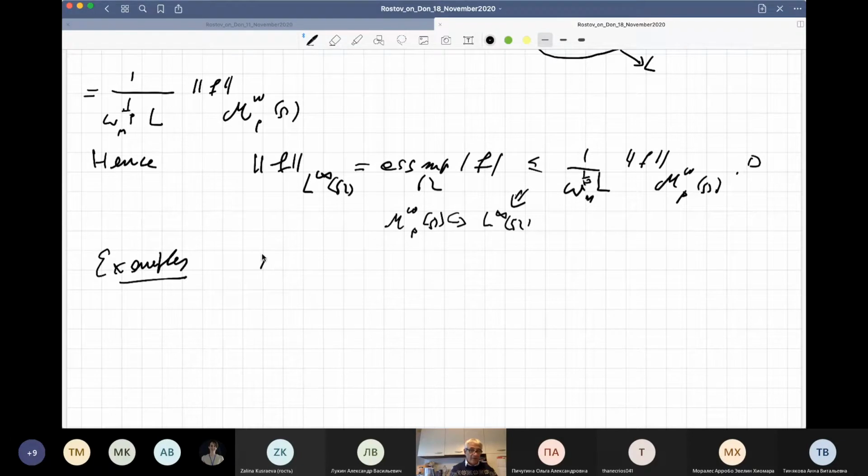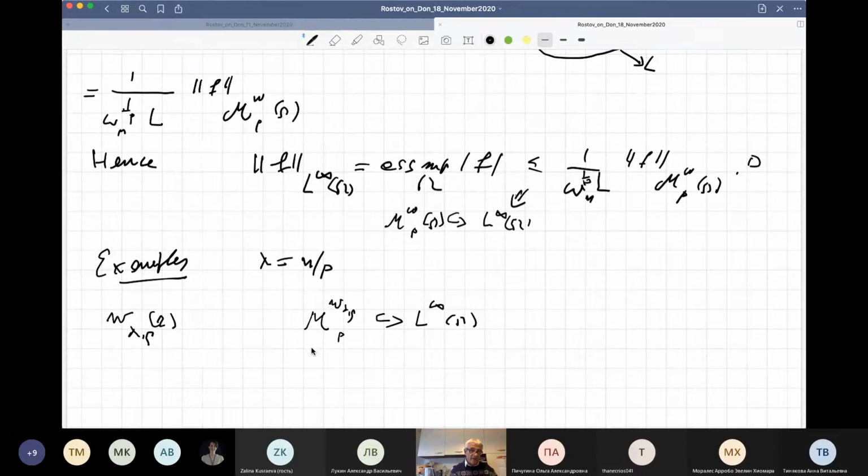So if you take lambda equal to n over p, and we take the weight w lambda rho of r, then you have immediately that M w lambda rho p is contained in L infinity omega.